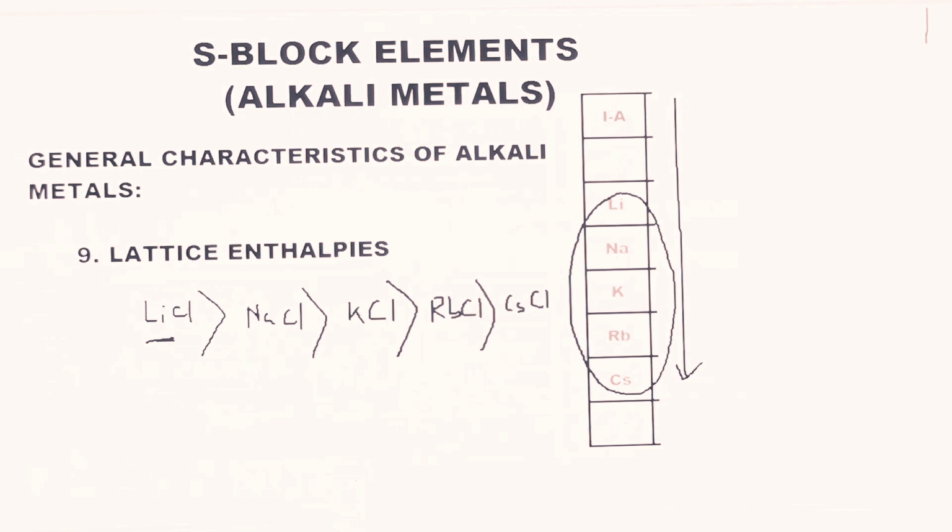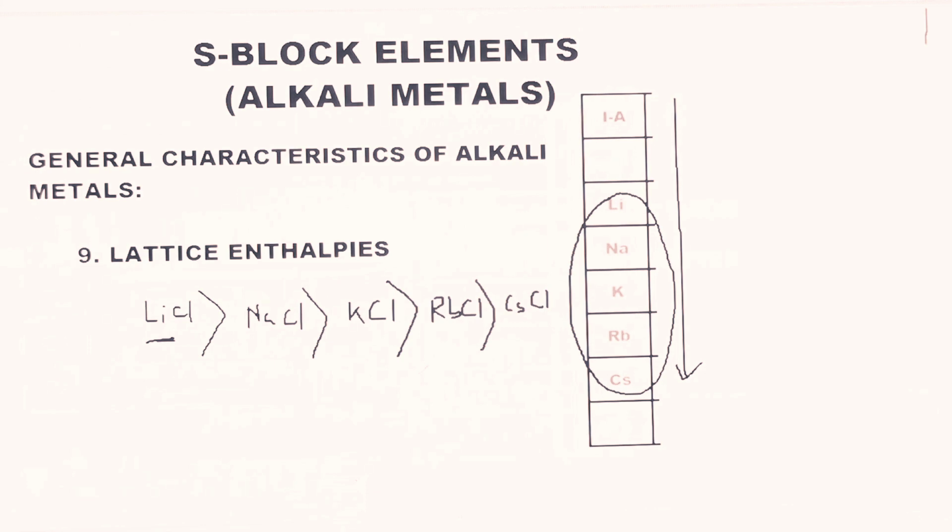What is lattice energy? The energy needed to hold the cation and anion together. Now as the separation between the cations and anions increases, the interaction will be weaker, then lattice energy will be lower.